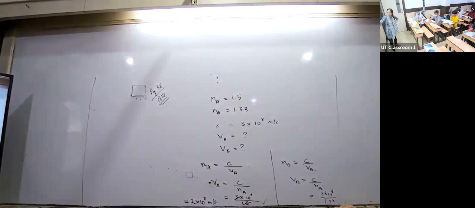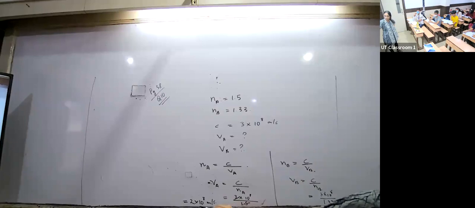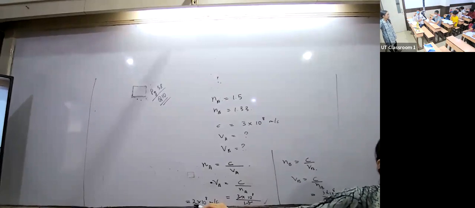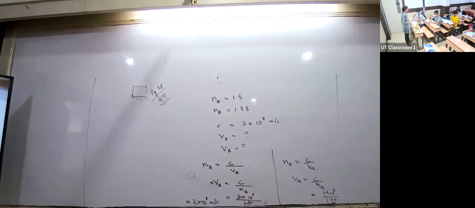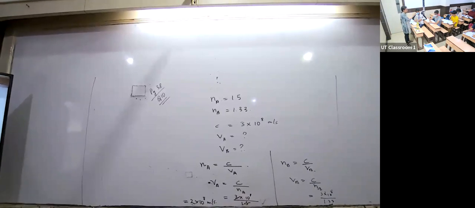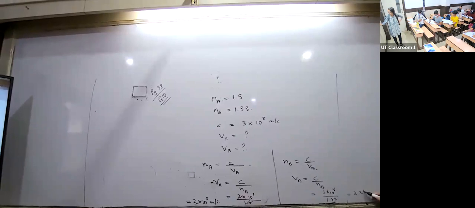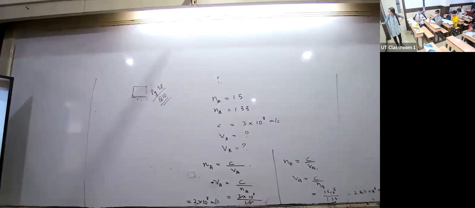Okay. So it is understood when it is divided by 1.5, your answer is 2, and if you divide by 1.33, a smaller number than that, then आंसर 2 से बड़ा ही होना चाहिए. So आप options में से आराम से बिना solve किए select कर सकते हैं. 2.25 into 10 to the power 8 meter per second.